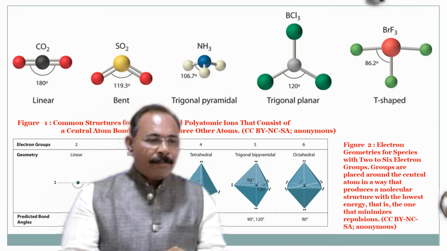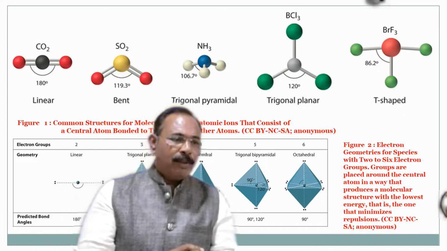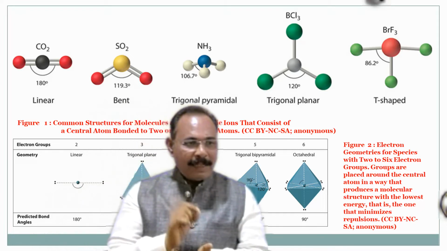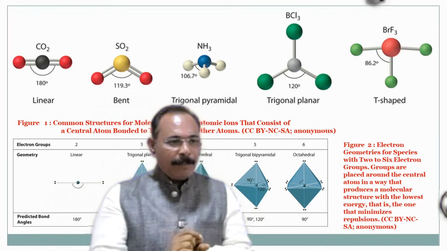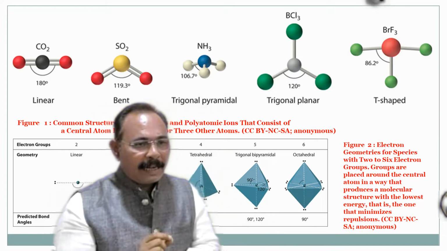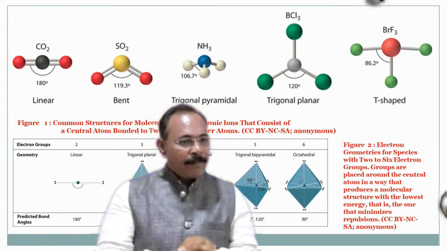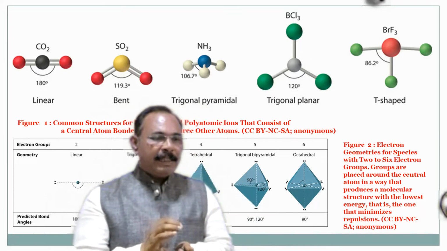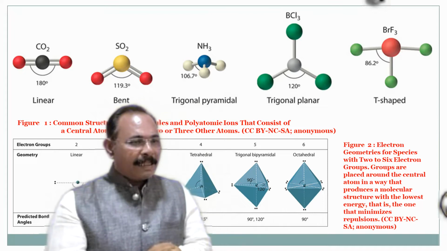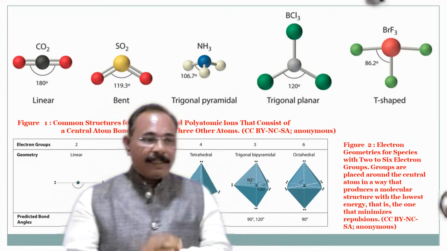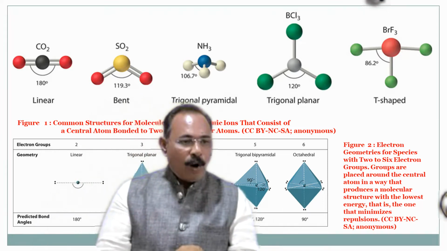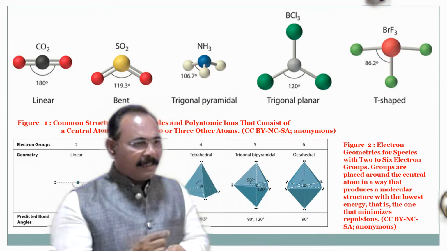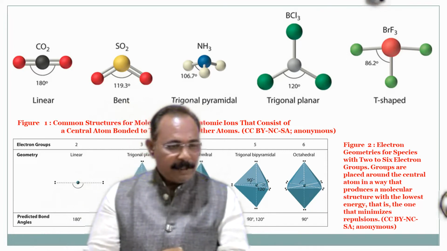each other and will therefore adopt the geometry that places electron pairs as far apart from each other as possible. This theory is very simplistic and does not account for the subtleties of orbital interactions that influence molecular shapes.